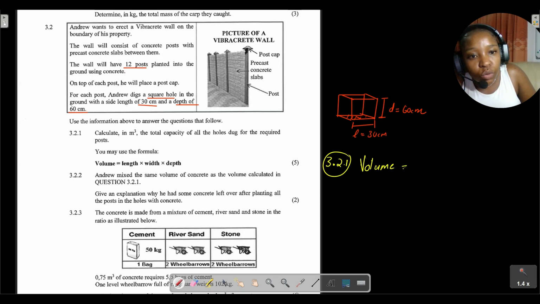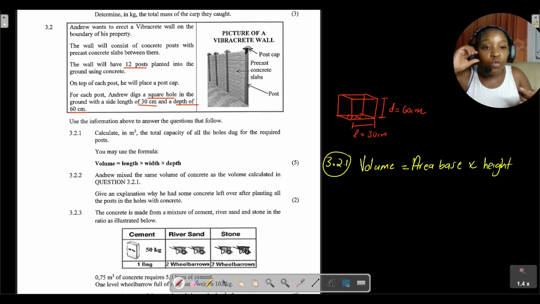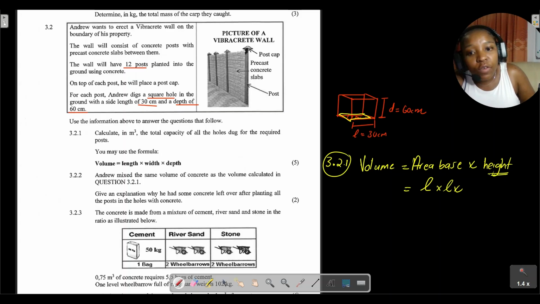Volume is equal to area of the base multiplied by height. We are also given the formula that we can use there: length times width times depth. But area of the base times height. What is meant by area of the base? The base there is our square, right? How do you calculate area of a square? It's length times length times, instead of height there, sorry, it actually needs to be depth.